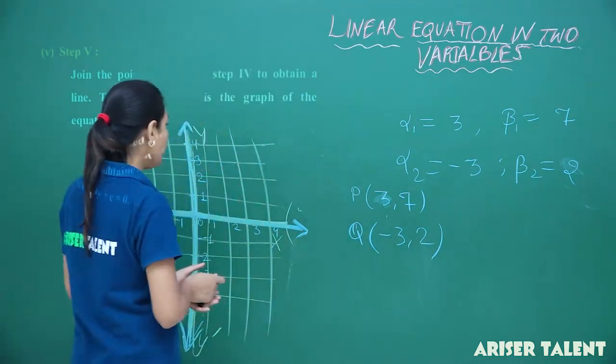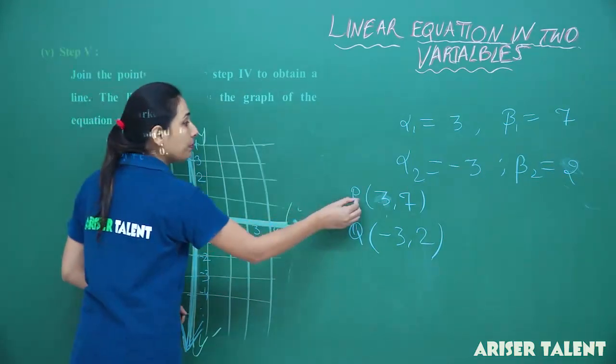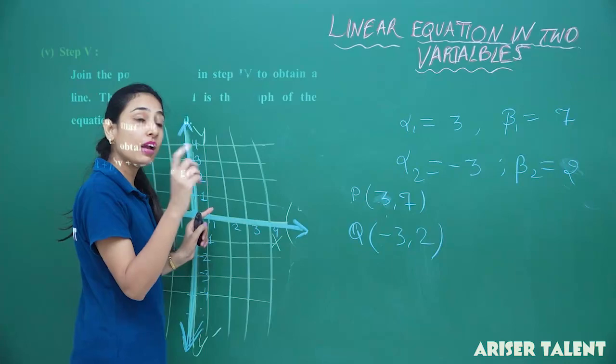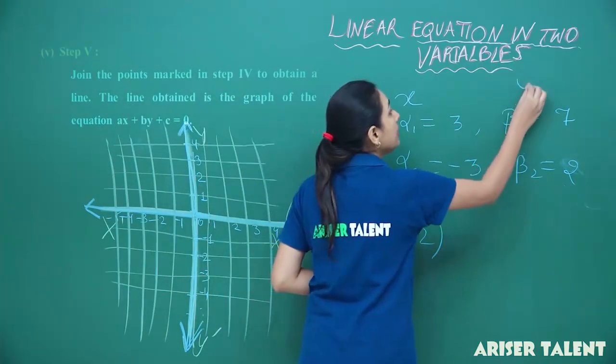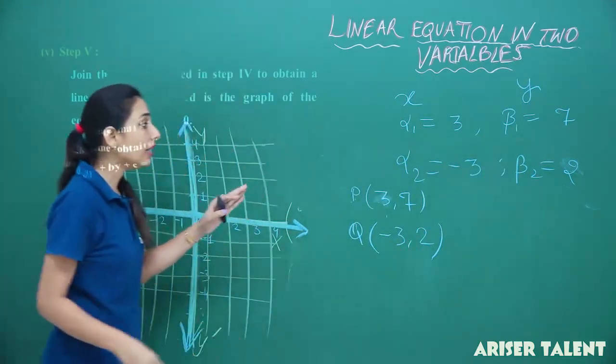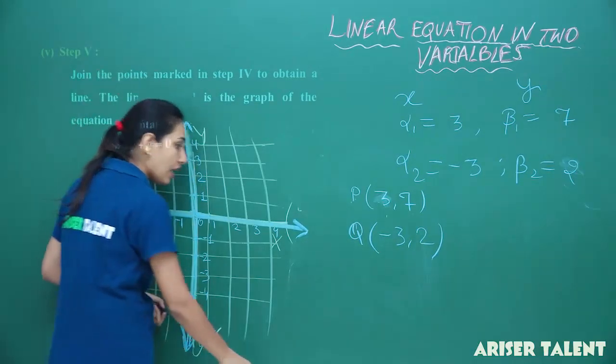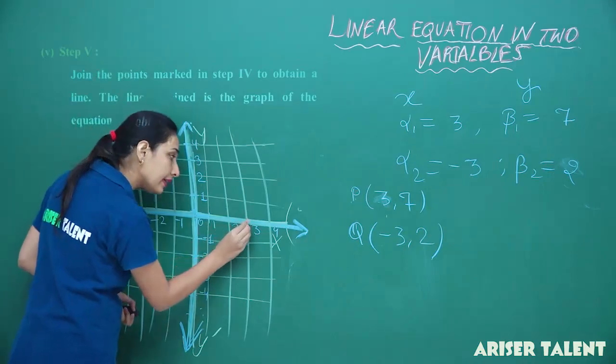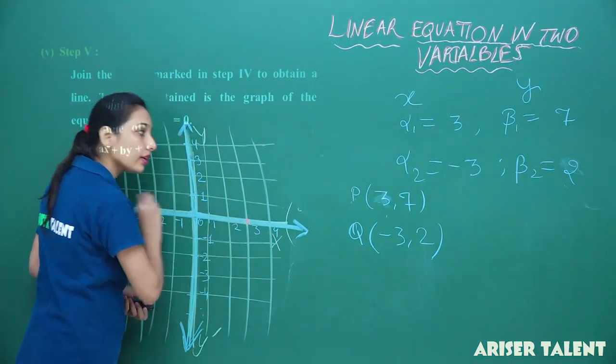Okay. Now what will I do? How will I plot the P here? 3 and 7. Now 3 is alpha 1, the value of x, and beta is the value of y. So the value of x is 3, so now the value of x on this line is 3 here. Okay.